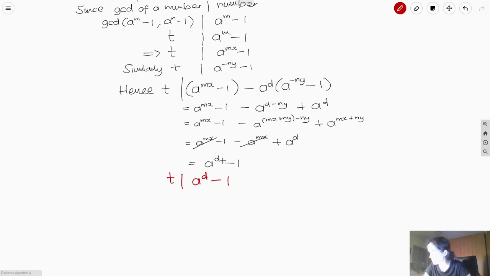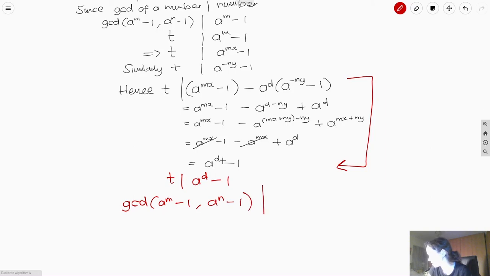That is what we got from this. Which means t, the GCD of a^m minus 1 and a^n minus 1, divides a^(GCD(m,n)) minus 1, since that is how we defined d.